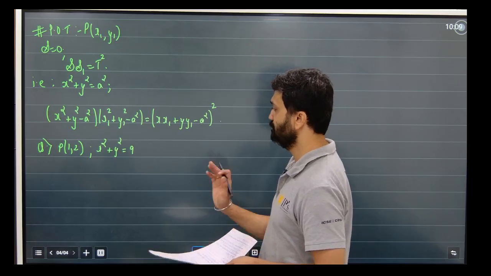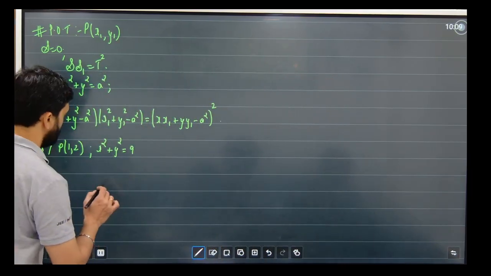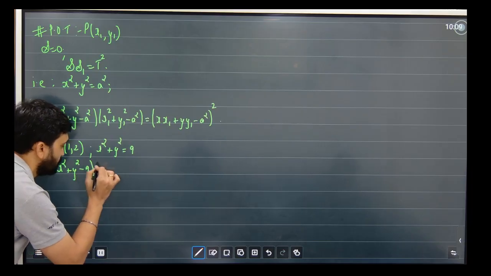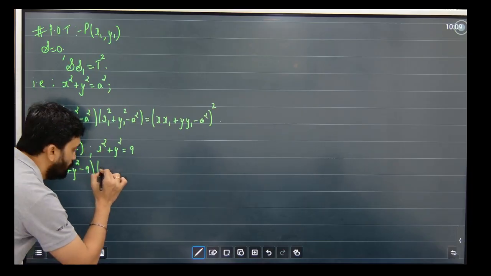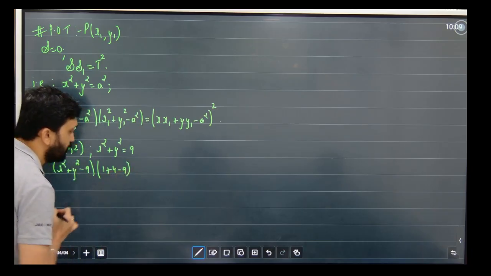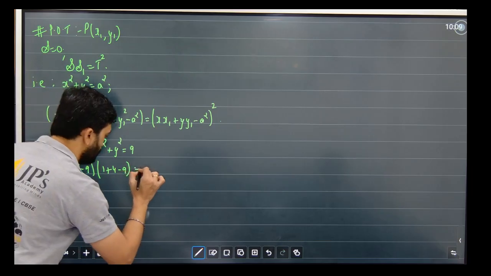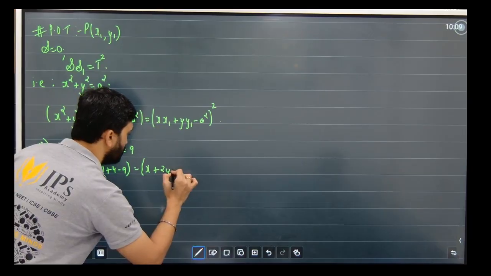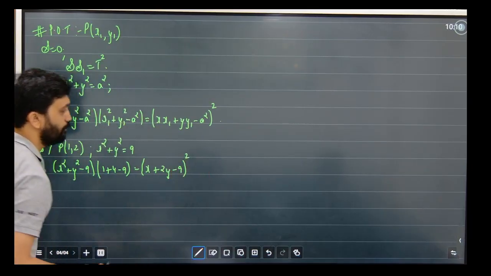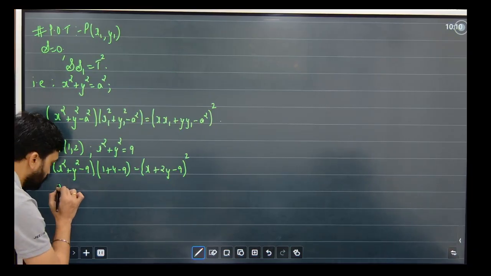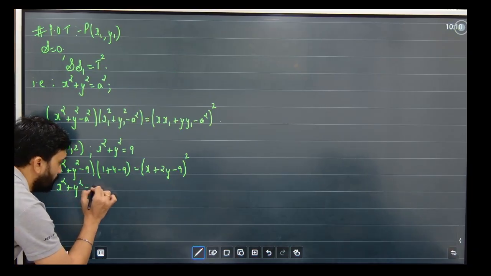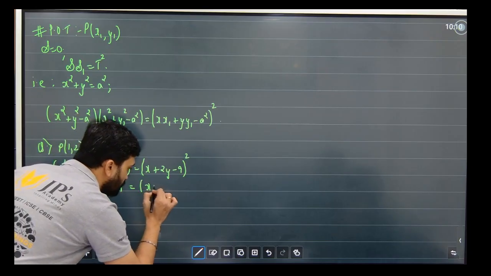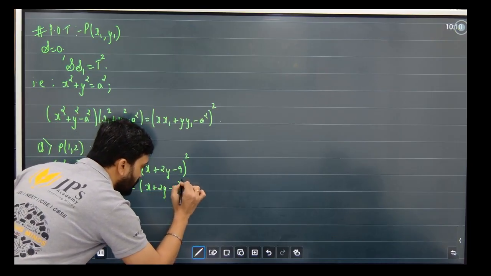So now my equation will become this. S will become x square plus y square minus 9. Now if I substitute at the point, S1 is 1 plus 4 minus 9, which is minus 4, and T is x plus 2y minus 9. So x square plus y square minus 9 into minus 4 is equal to x plus 2y minus 9 the whole square.